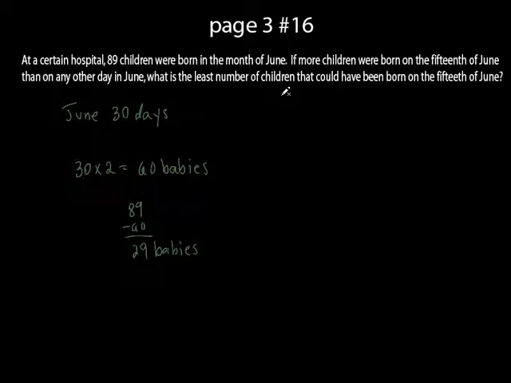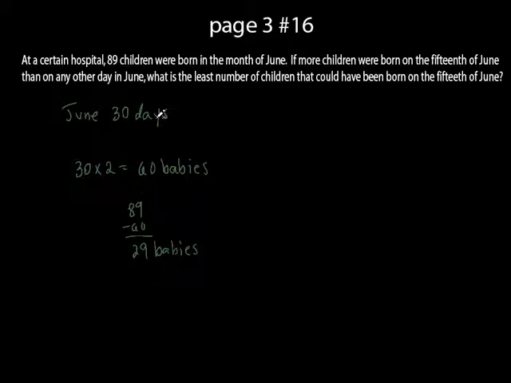So that means, let me think of how I'm going to say this. If I spread these out, there's going to be one day where only 2 babies were born.